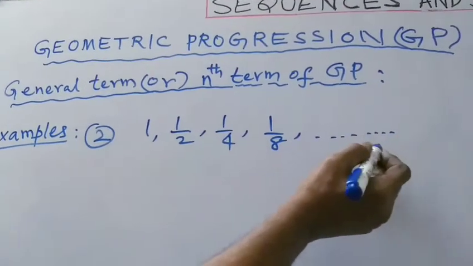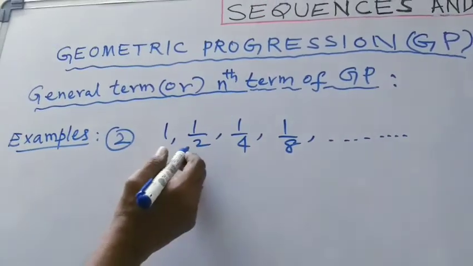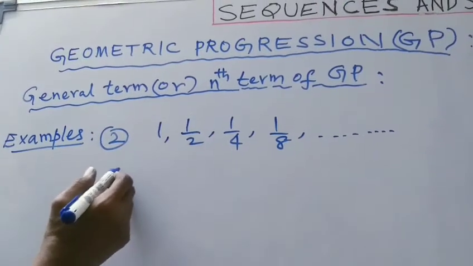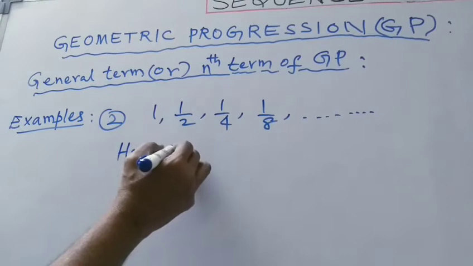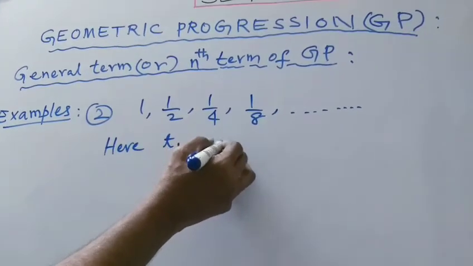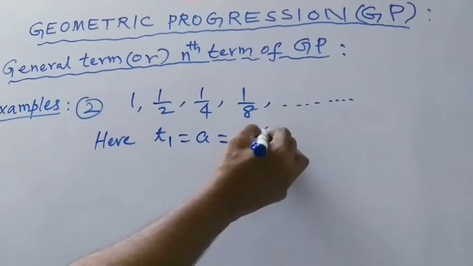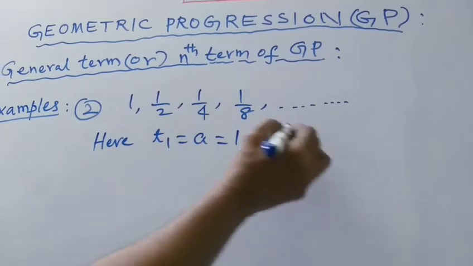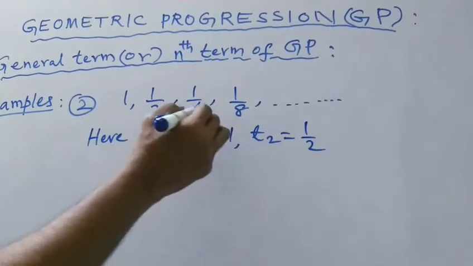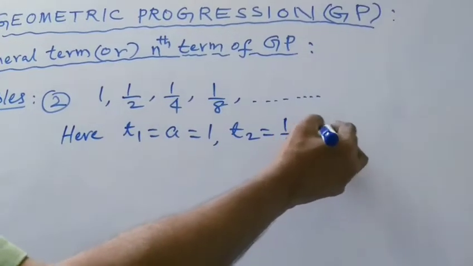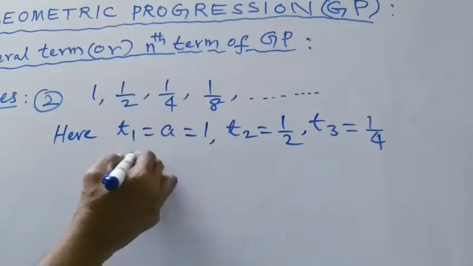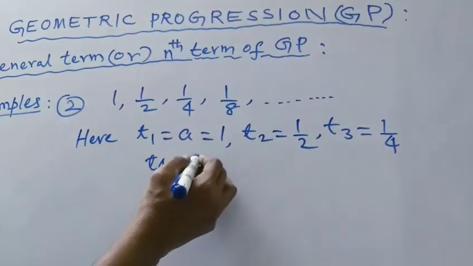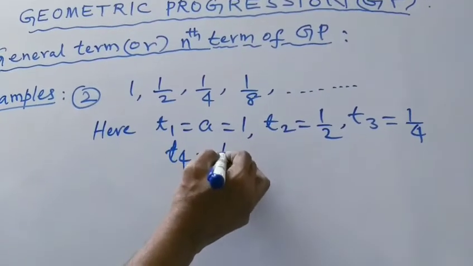So in this sequence also, the first term T1 is equal to a is equal to 1, the second term is equal to 1 by 2, the third term T3 is equal to 1 by 4, and T4, the fourth term, is equal to 1 by 8.